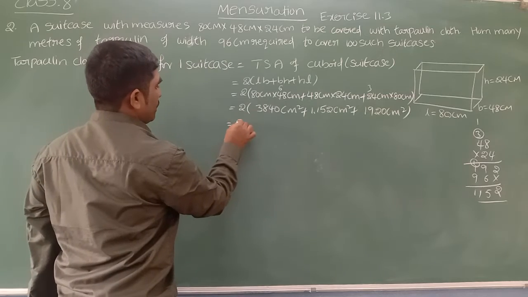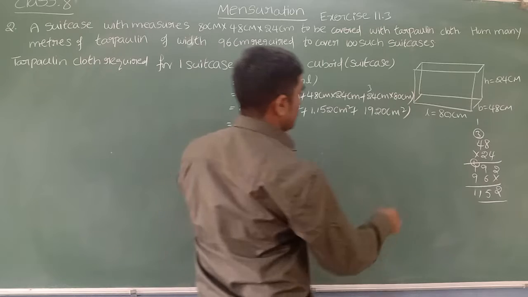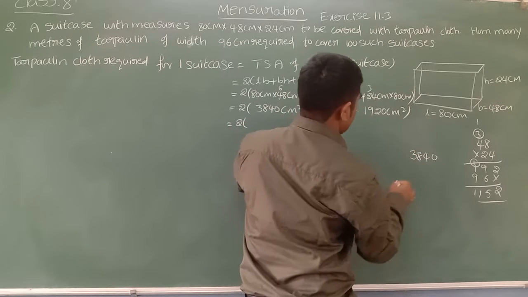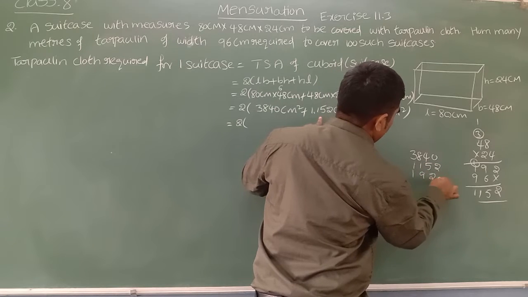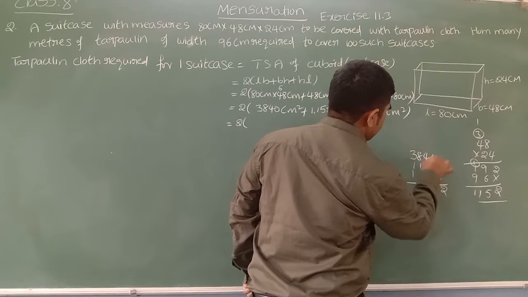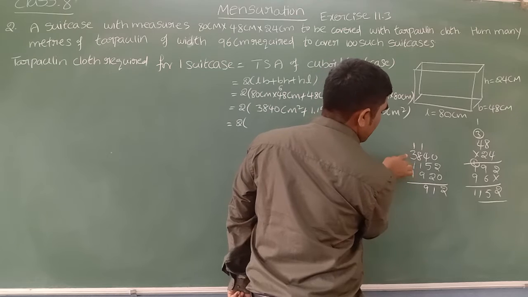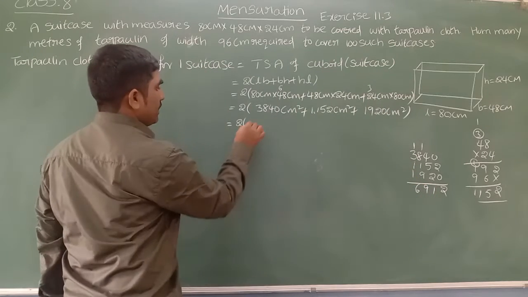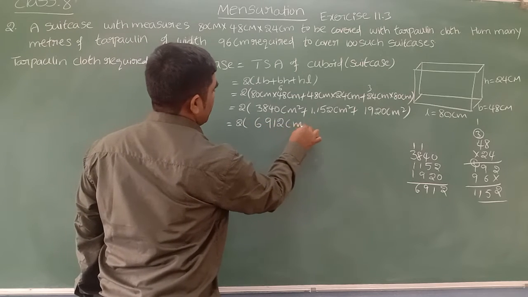The TSA is equal to 2 into, let us do the addition first. Let's see what we get by adding all this: 3840 plus 1152 plus 1920. That is 6,912 square centimeters.